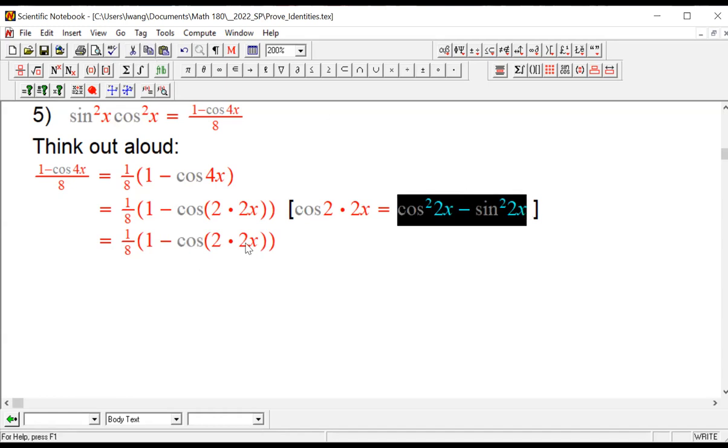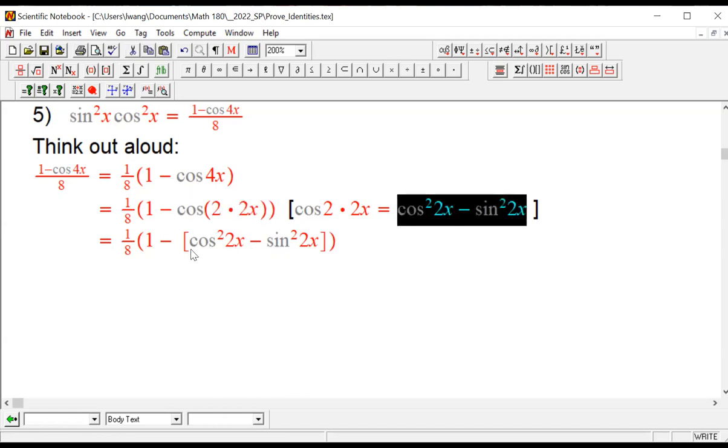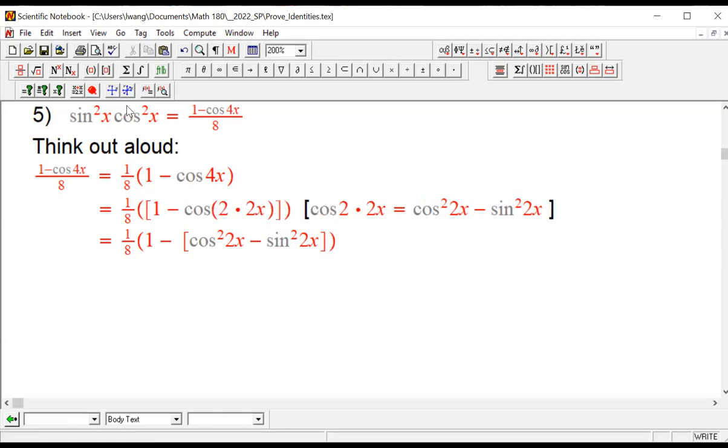And I need to insert parentheses here because I'm replacing this piece by its equal, and there's a negative sign in front of it, and the replacement has something subtracted from something else. So I want to make sure it's subtracting the whole thing. If you want to make some adjustment about the parentheses and brackets, you certainly can. For example, here I can use a bracket.